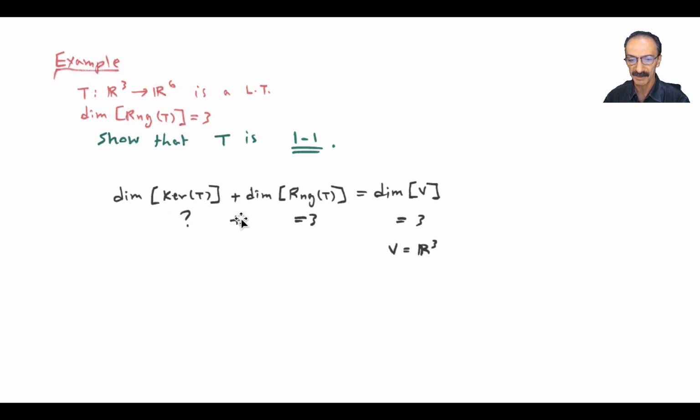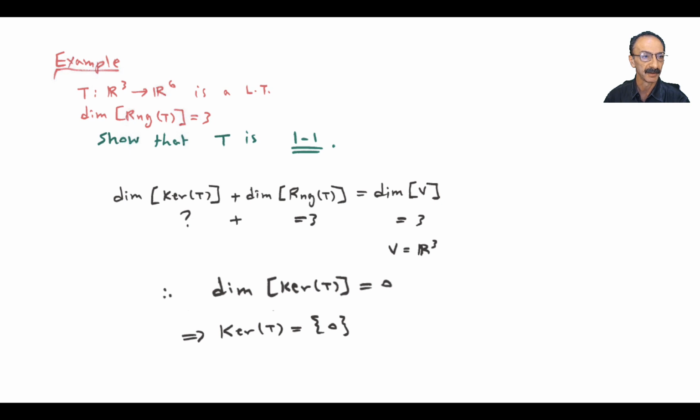Well, in this case, we're adding 3 to what to end up with 3? So the dimension of the kernel has to be 0. But when the dimension of a subspace is 0, it should have only the 0 vector by definition. So the kernel is only the 0 vector.